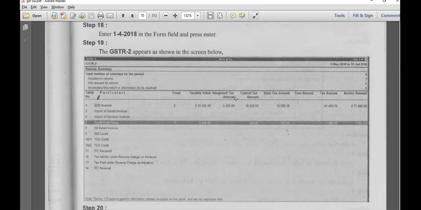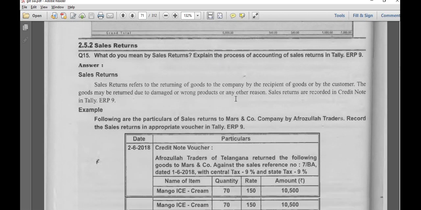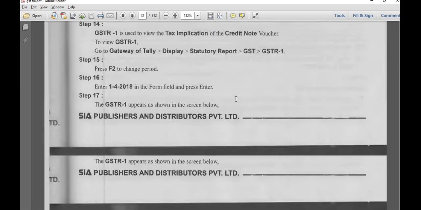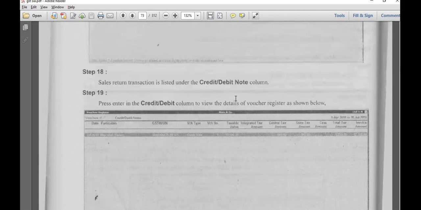Hello? No, sir. Is everything done? Yes, sir. So in this second unit we are left with purchase returns and sales returns.